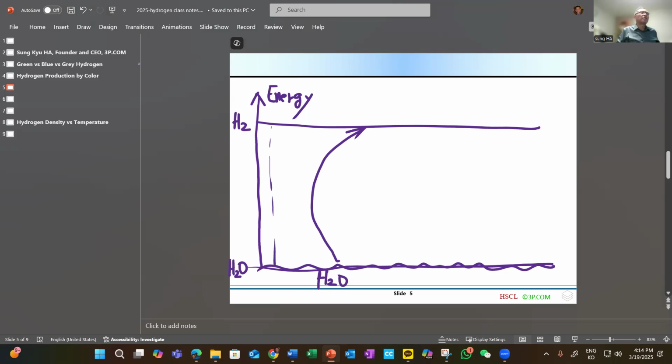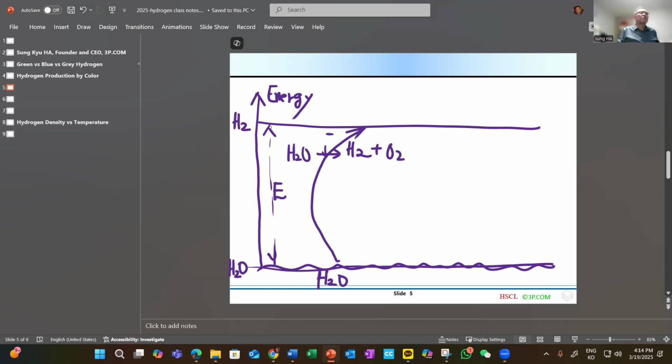This much energy is needed or added to convert into H2. So H2O, of course, there will be O2 released. H2O becomes H2 plus O2, and this much energy, I will call this energy.